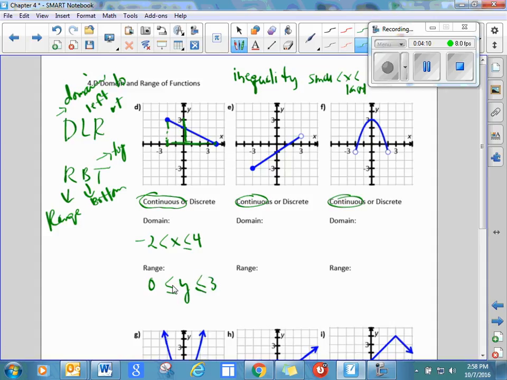And the line is underneath both of the inequality symbols because both of those dots are closed in. So every point on our continuous graph has a Y value that's somewhere between 0 and 3. Every point that's on our continuous graph has an X value that's between -2 and +4.